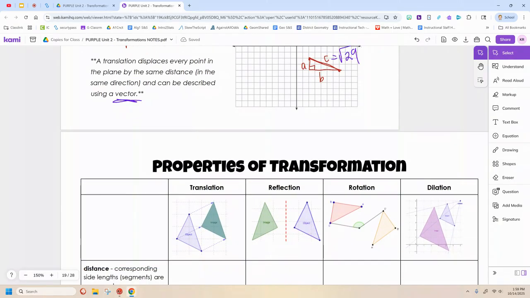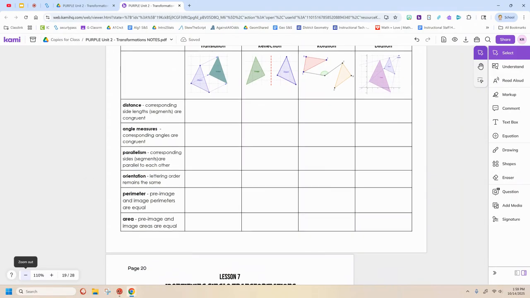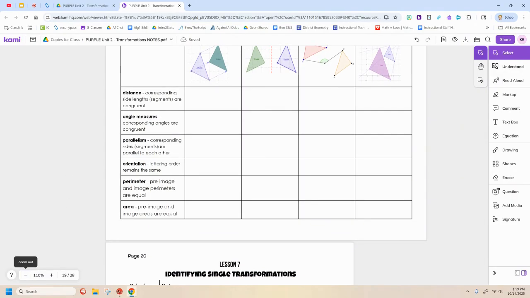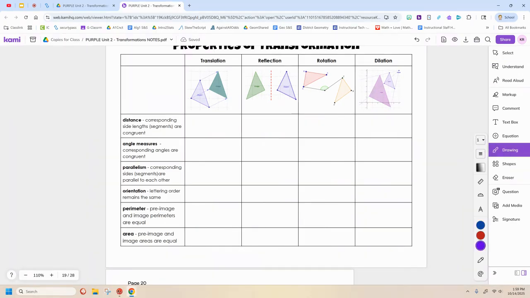All right. The last page of our notes is about properties being preserved. And so we're looking for the things that stand out. So distance is the same idea as side length. And so since the first three are rigid motions, distance is preserved, distance is preserved, distance is preserved, but distance is not preserved for dilation.